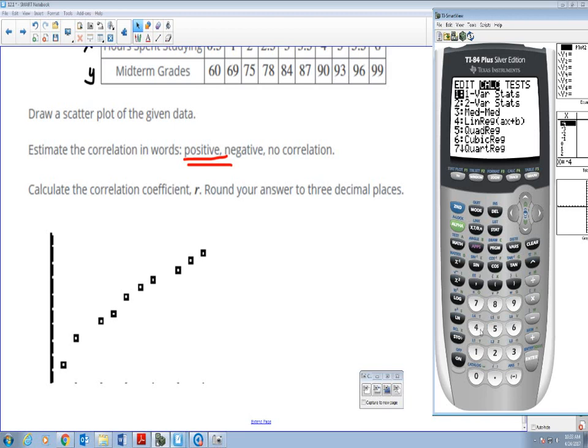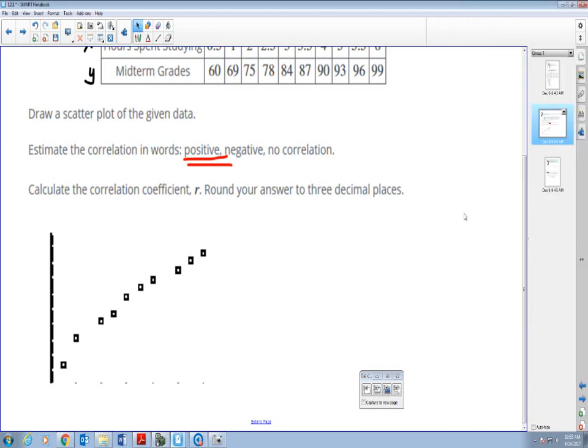Alright, number 4, linear regression. So now when I turn on the diagnostic, every time I do linear regression, it will display what I wanted. So the linear correlation coefficient R is this number right here, 0.982. My R is equal to 0.982.